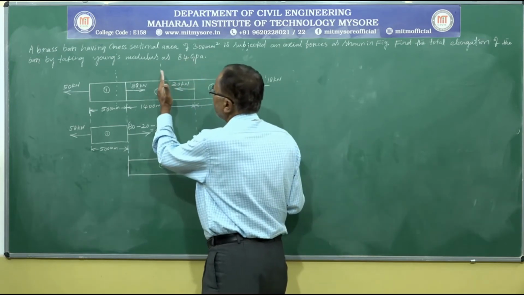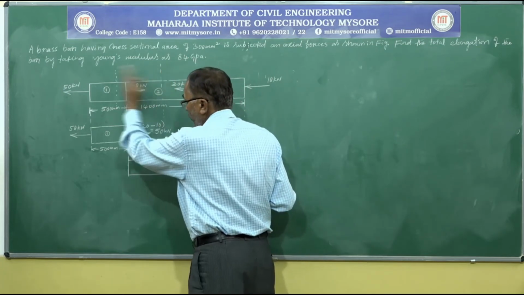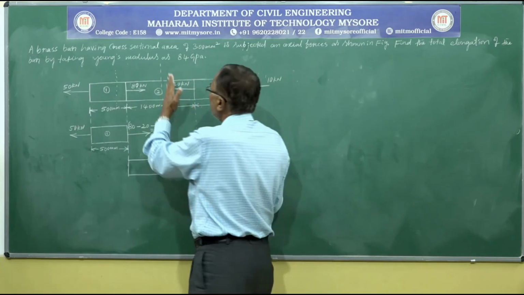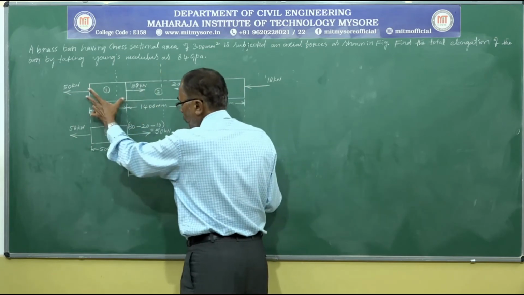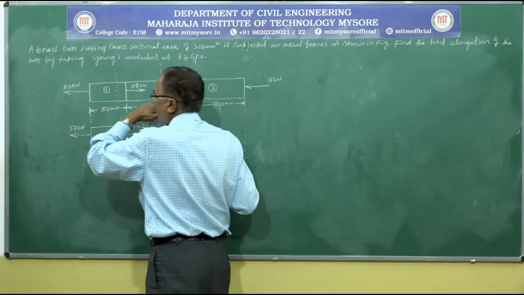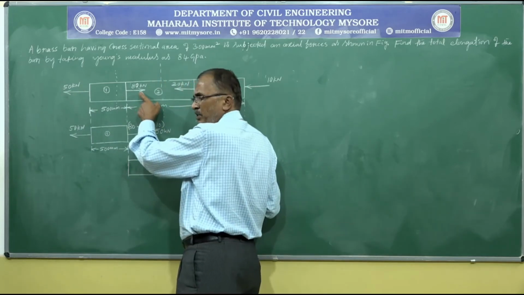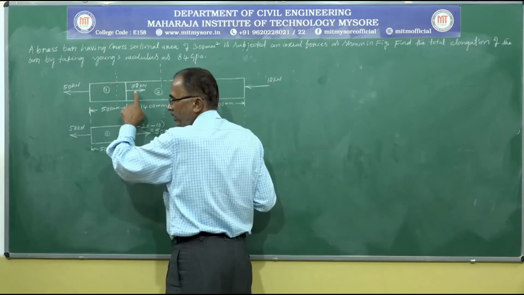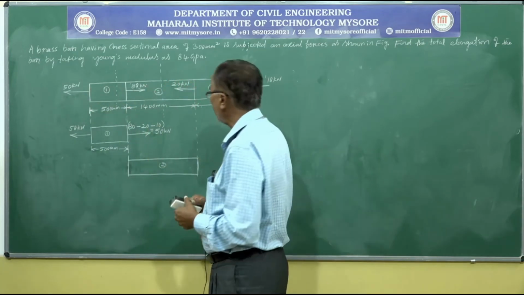If you take a section here and compare the forces, consider forces to the left hand side and consider forces to the right hand side. Let us consider forces to the left hand side. There are two forces here, one 80 kilonewton acting in the rightward direction and 50 kilonewton load acting in the leftward direction. Consider 80 kilonewton as positive, and automatically the leftward will be negative. 80 minus 50 is equal to 30 kilonewton.